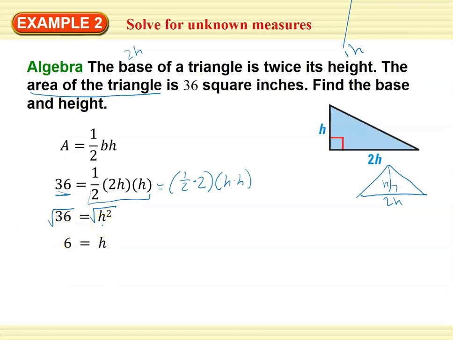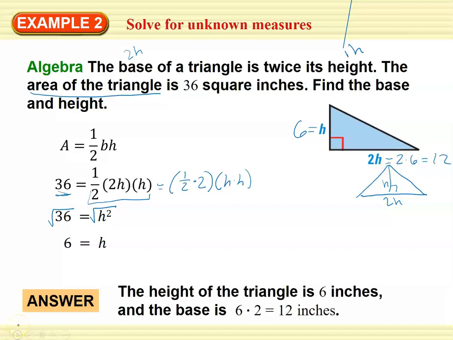Again, you either know, or you can type square root of 36 in your calculator, and you get 6. So the height is 6, that's 6. The base has to be 2 times 6, which is 12. So the height of the triangle is 6, and the base is 12.